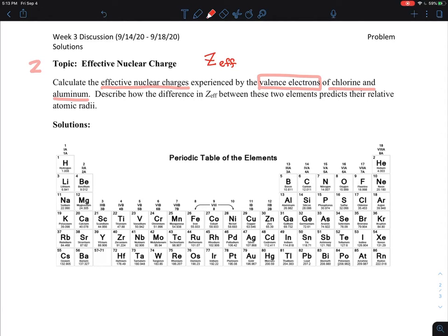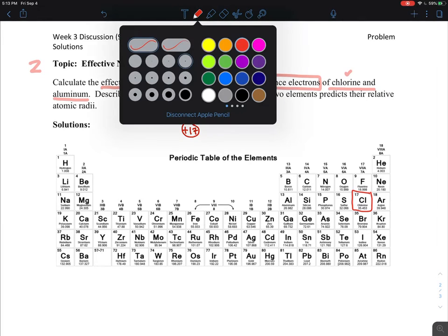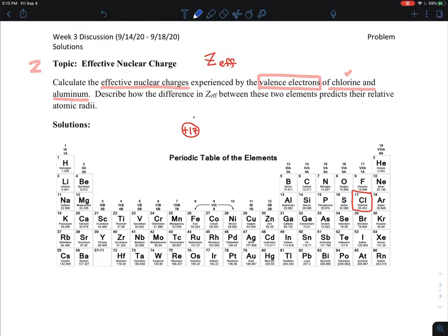So let's think about chlorine first. If you look at this periodic table, chlorine is right there. It has 17 electrons, so you have 17 protons in the middle. If I start to draw the first shell, you have 2 electrons.